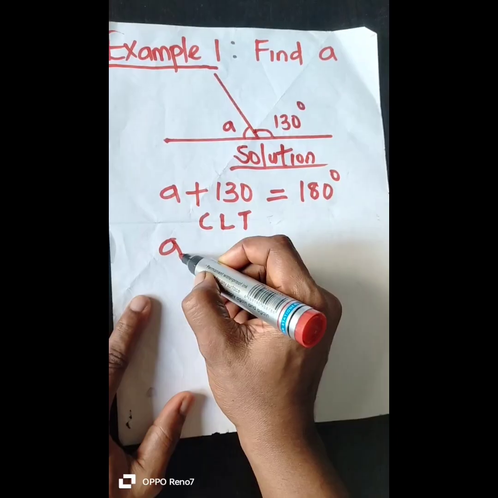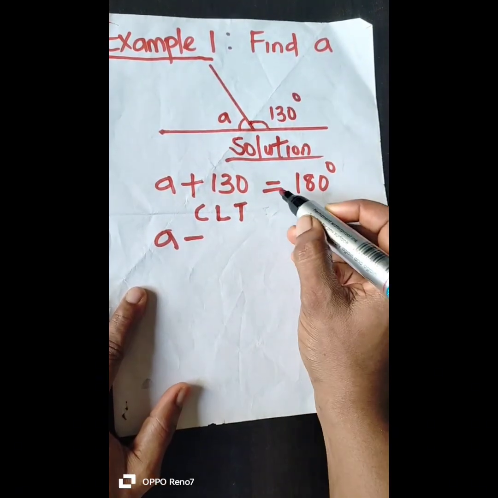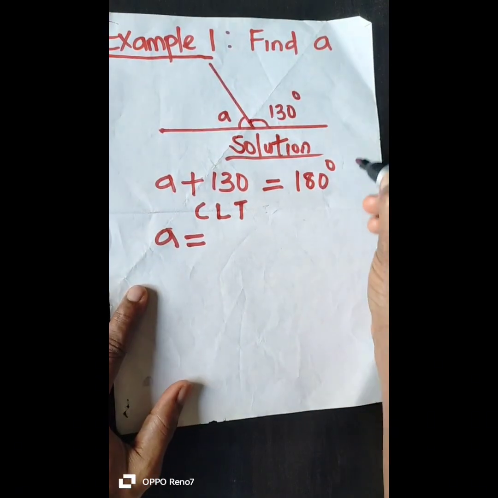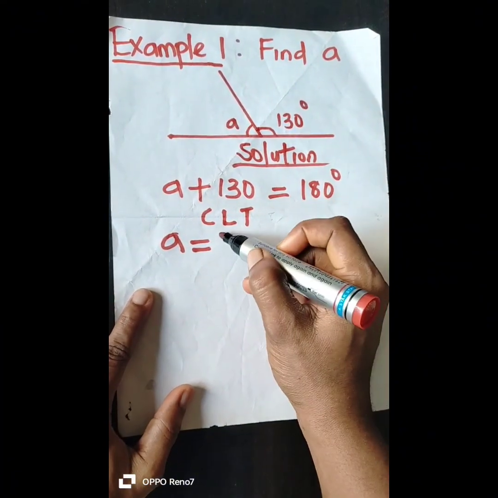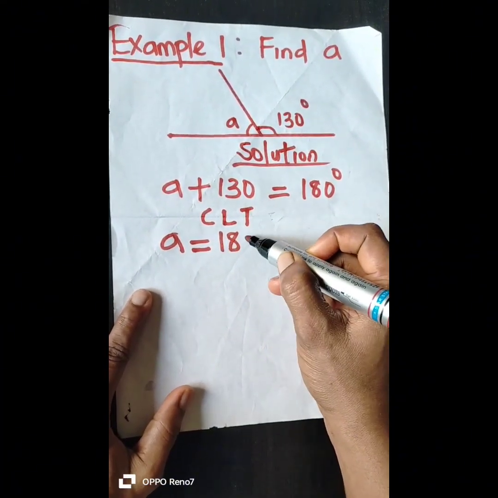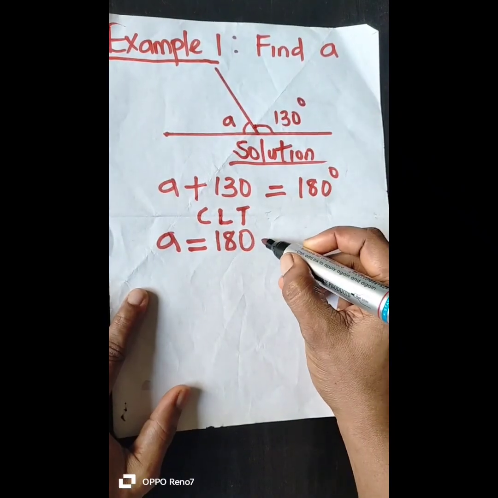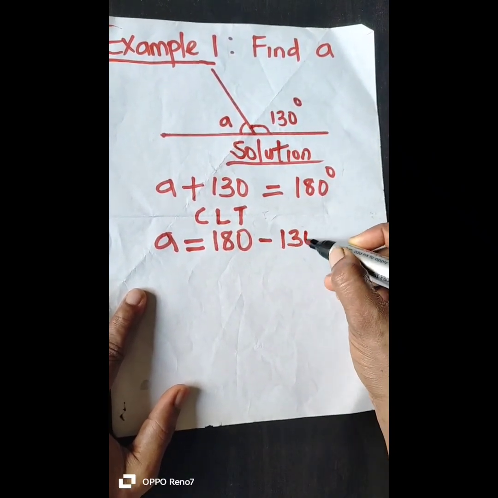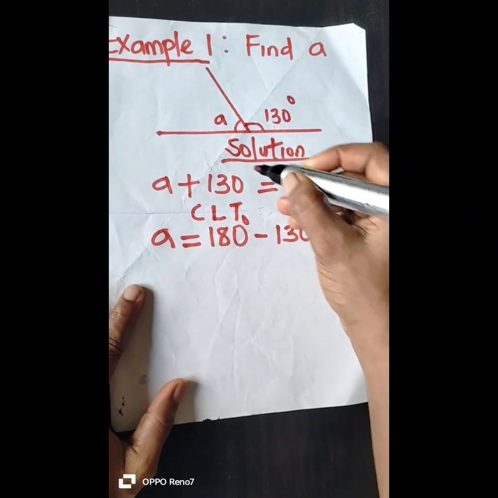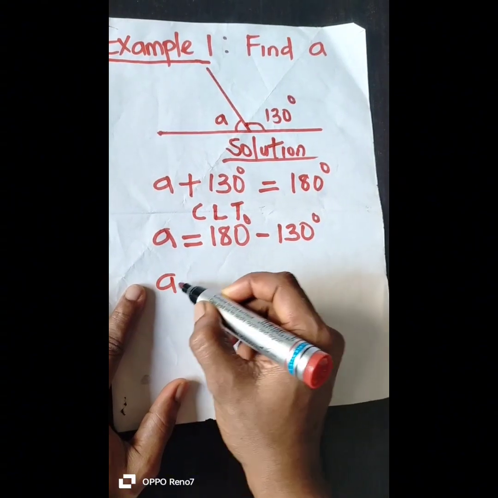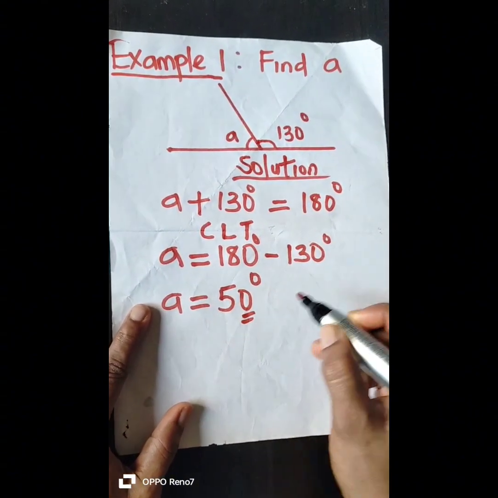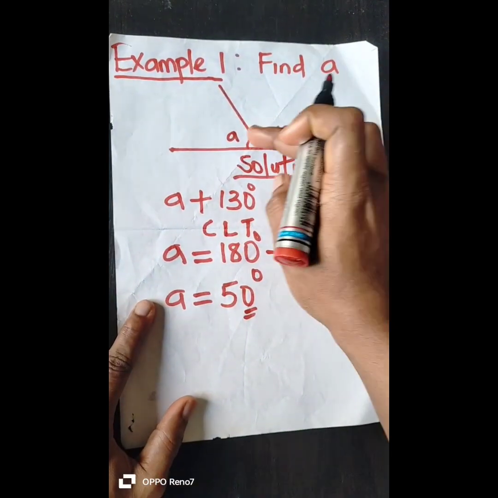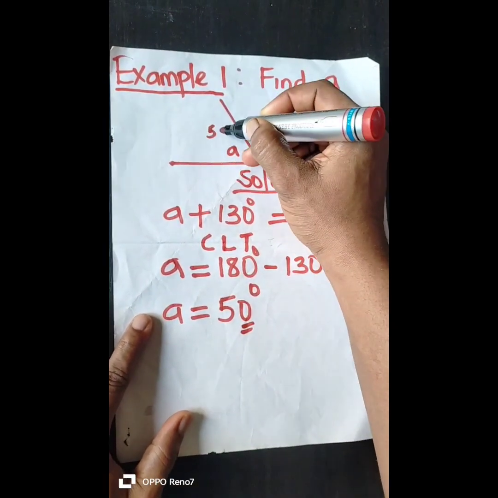A will be here, then we have our equal sign, and we subtract 130 from both sides by writing it this way: 180 minus 130 degrees. Then we have A is equal to 50 degrees. So that will be your answer: 50 degrees.